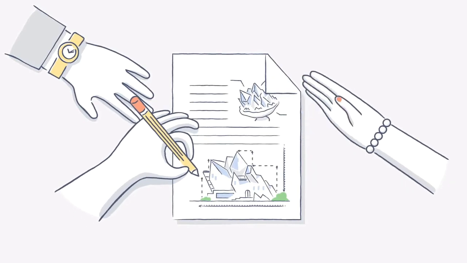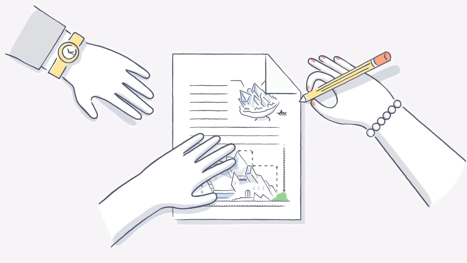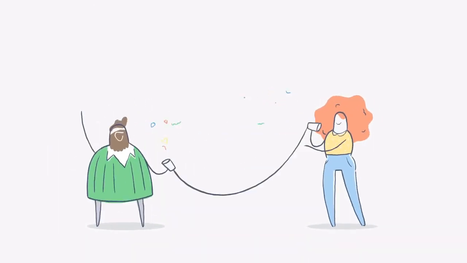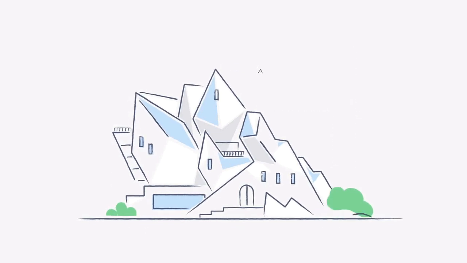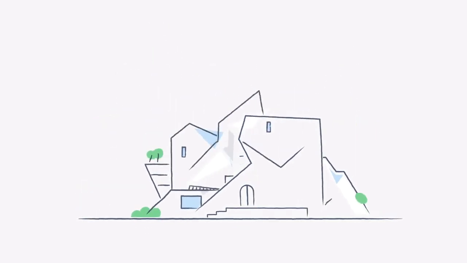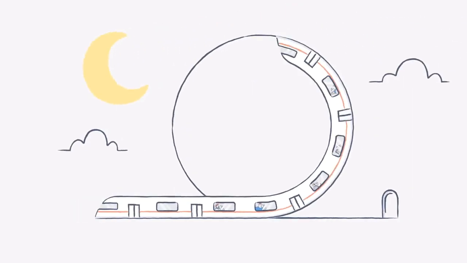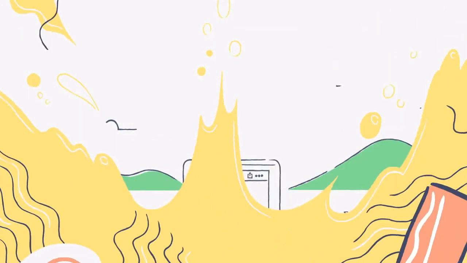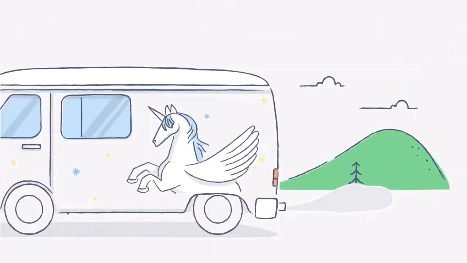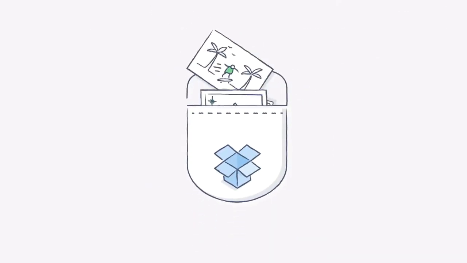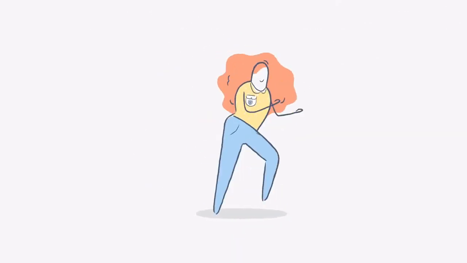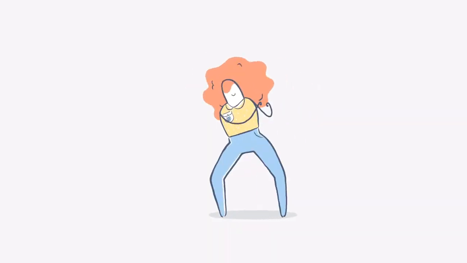It's a simple way to work together on the same files too, without sending emails back and forth. You can get feedback from your editor, share CAD files for that new building project, or work on budget planning, and keep everyone in the loop along the way. Dropbox brings your files together in one safe place. So even if your phone takes a swim, or your tablet takes a hike, your photos, flyers, and footage are safe and sound. When your stuff lives in Dropbox, there's a little more time for all the things you love to do.